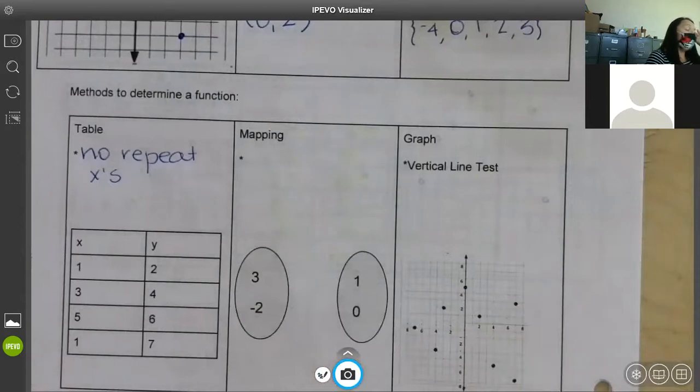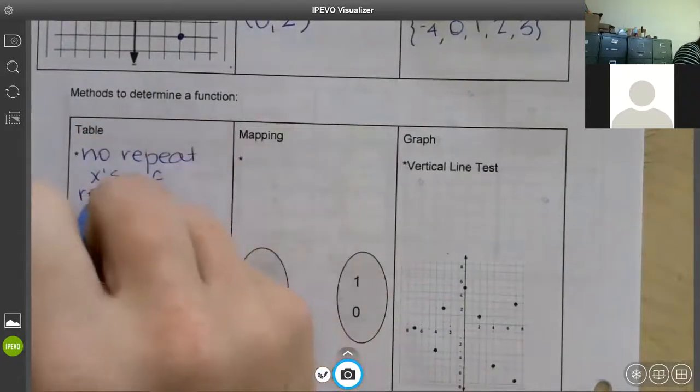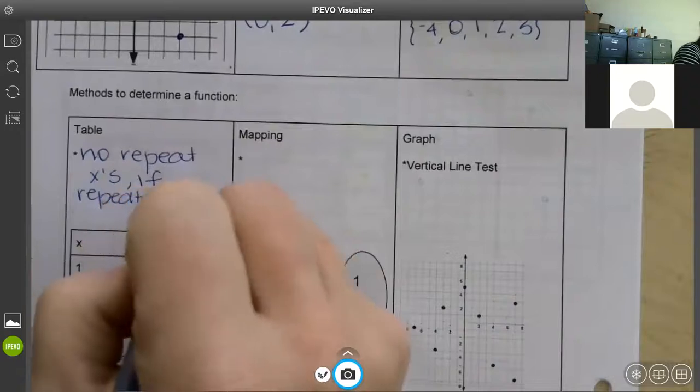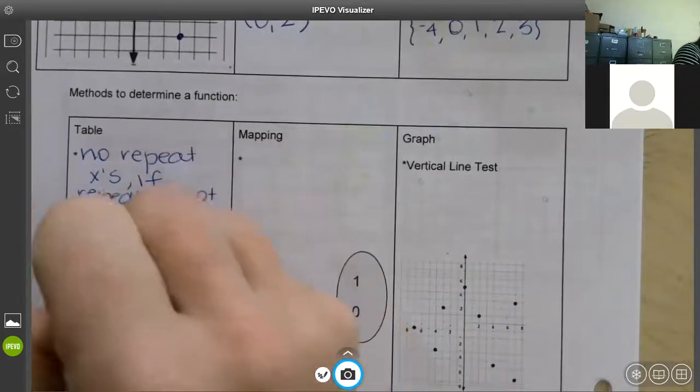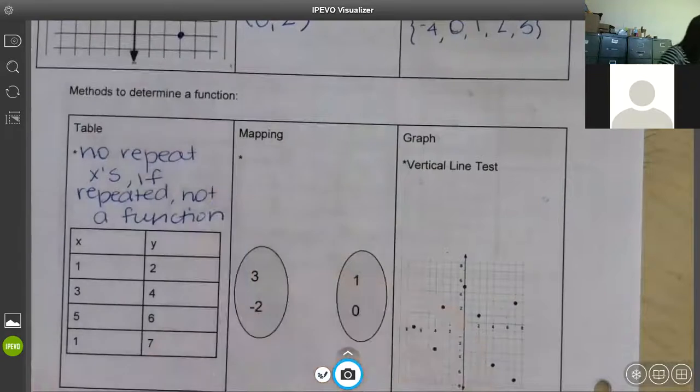If they repeat, it is not a function. So that's the key. We don't want any repeat x's at all.